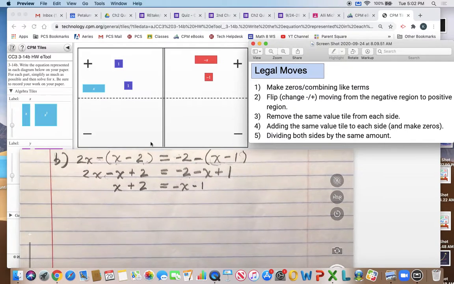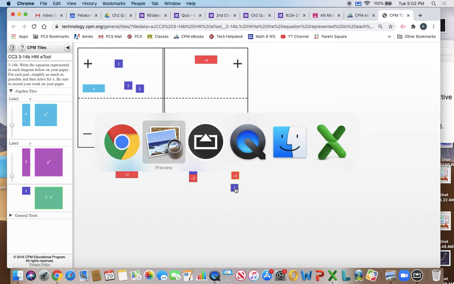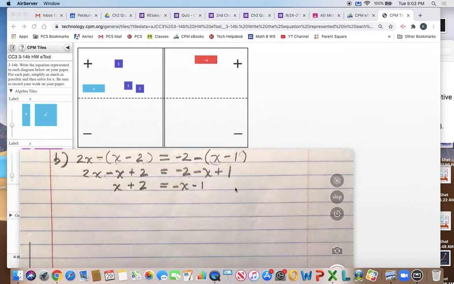So let's see, we could add a positive tile on this side to make a 0 out of that, and add another positive tile over on this side, because when you add to both sides, you have to do exactly the same. Okay, so we added that tile, and now I'm just going to make a 0 out of that.